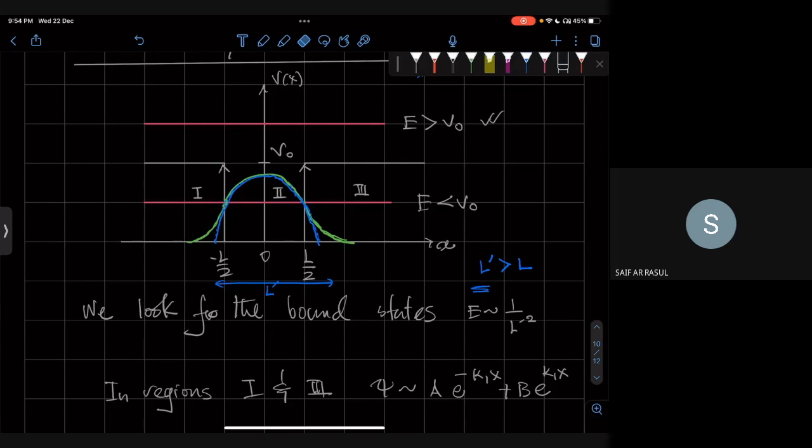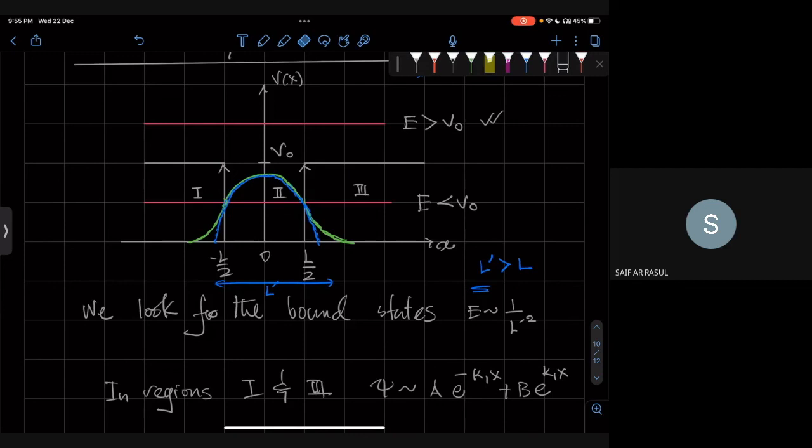And because it's longer, if you had an infinite well which had the same size as the finite well, its energy would be higher, right?